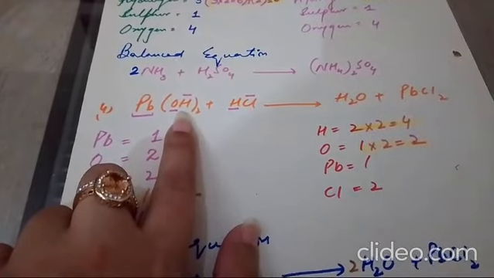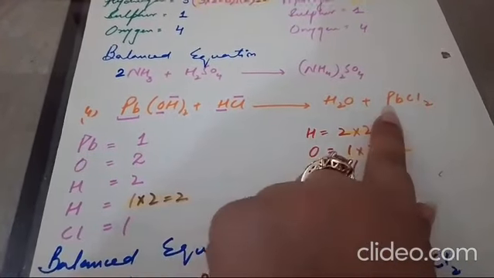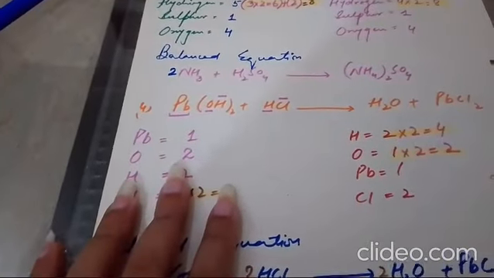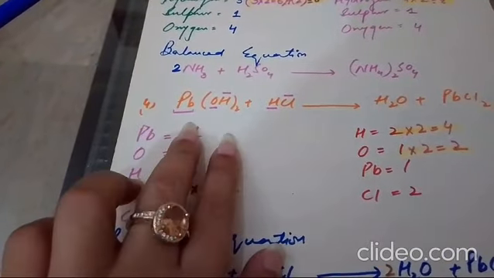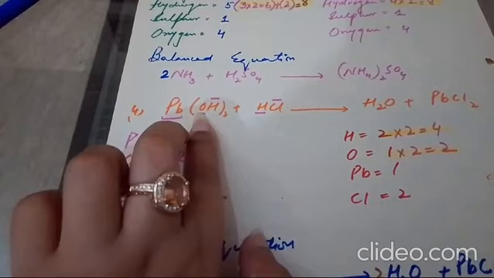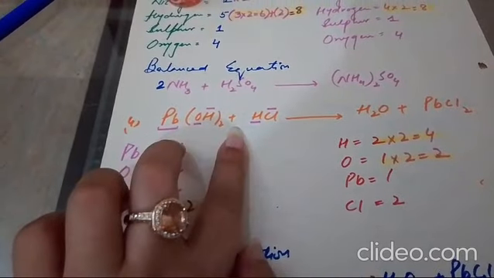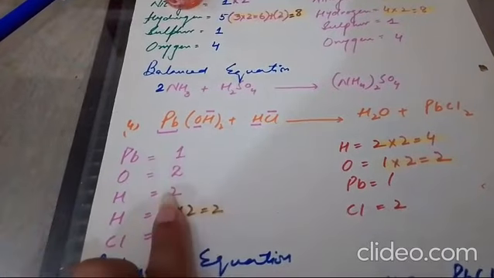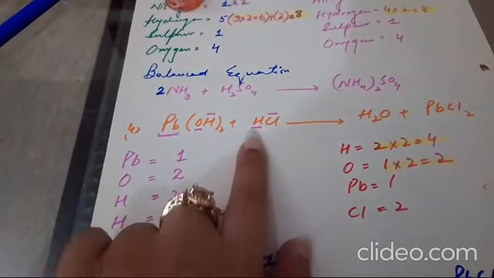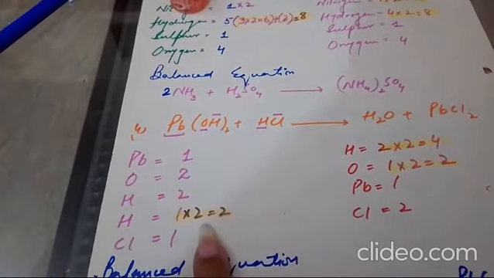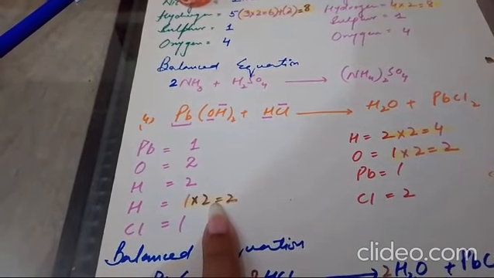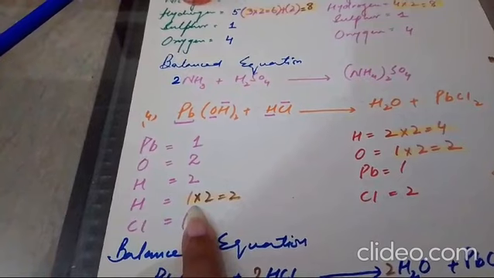Lead hydroxide, HCl, water and PbCl2. Okay. Here lead is 1, oxygen is again 2. 2 is outside the bracket. Oxygen is 1, so 2 ones are 2. 2 hydrogen and 1 is here, means we have 4 hydrogen, 3 hydrogen, sorry.